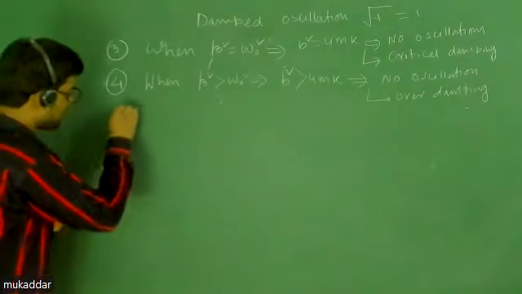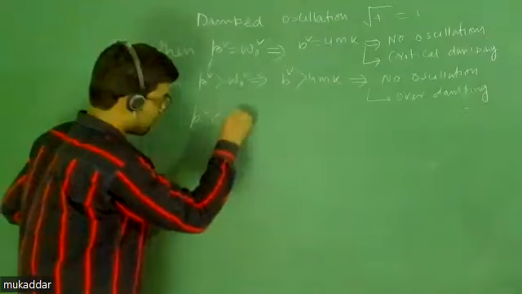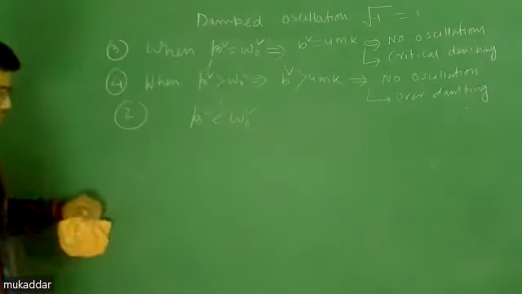Now you have a second case, case number 2, where beta square is less than omega naught square.